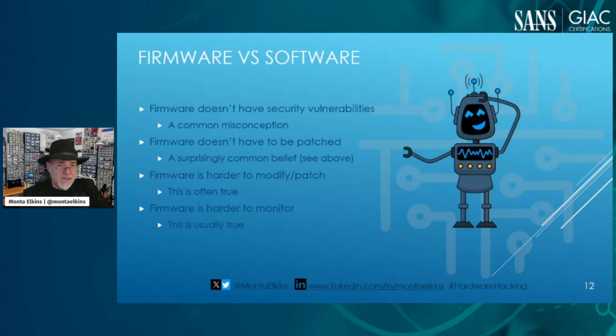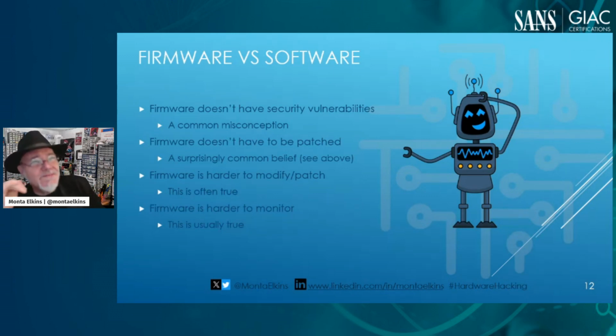So I want to talk briefly about truth and lies about firmware, because people will lie to you about firmware. One of the common lies that you get, and I think vendors sometimes promote this, is that firmware does not have any security vulnerabilities. Really? It's software. People write it. People have faults. Firmware has vulnerabilities. So that's a common misconception. They say, oh, it's firmware, you don't have to.